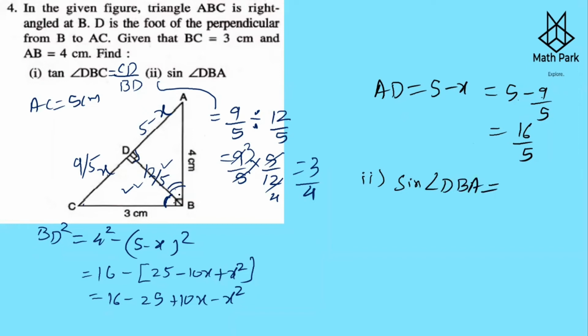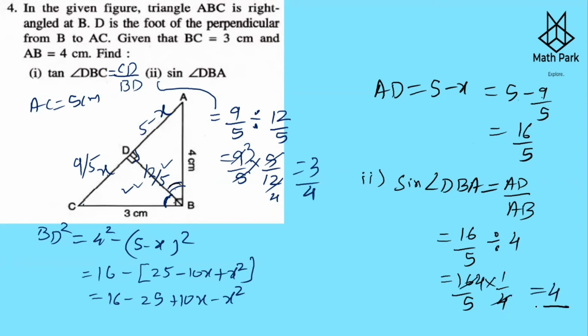Opposite to DBA is AD, so AD upon hypotenuse, which is AB. So this is AD, 16 upon 5, divided by AB, which is 4. So it is 16 upon 5 into 1 by 4. We get the value of sine of DBA as 4 by 5.